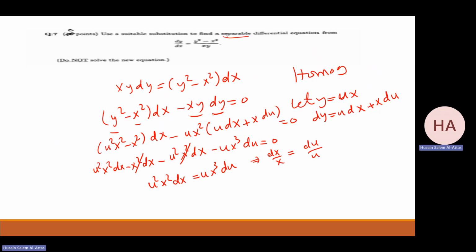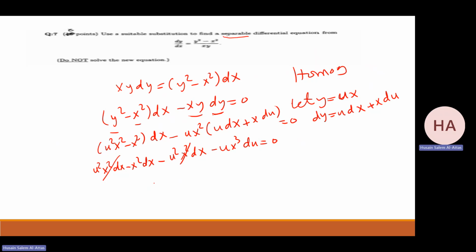U squared x squared dx minus x squared dx. Why did I kill this? Sorry. Yeah, I'm killing this with this. Minus x squared dx. Yeah, be careful with the calculation always.